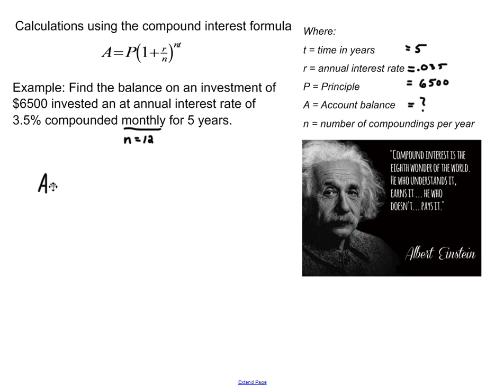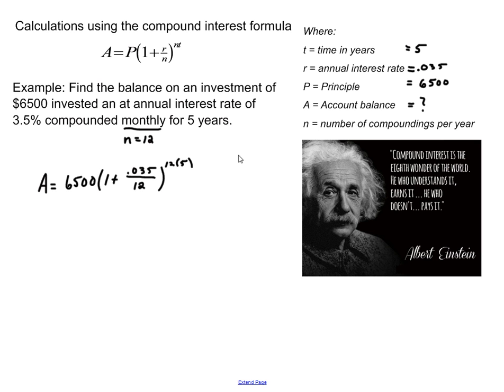So let's work out what we're going to get for our account balance. Based on this formula, we can say that if we take a principal of $6,500, we're going to multiply it by 1 plus the rate, which we write as 0.035, divided by n, in this case that's 12, but we're going to take that 12 times 5 and work out the values that we get right here.